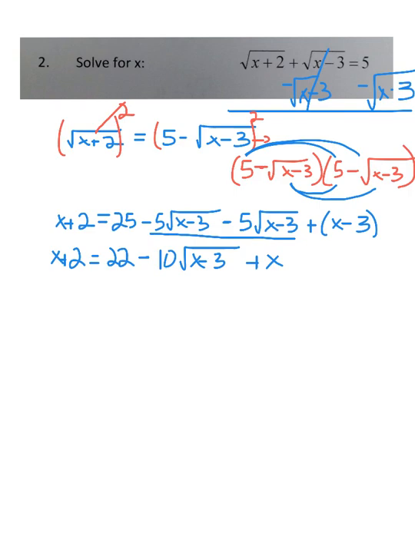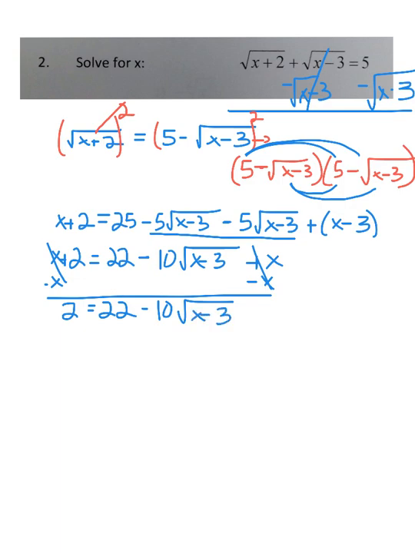Okay? Well, let's see. What do we want to do now? Well, I know that if I subtract my x from both sides, right? Won't that cancel those guys out? Okay, so then I have 2 equals 22 minus 10 radical x minus 3. Now let's think about this for a little bit.